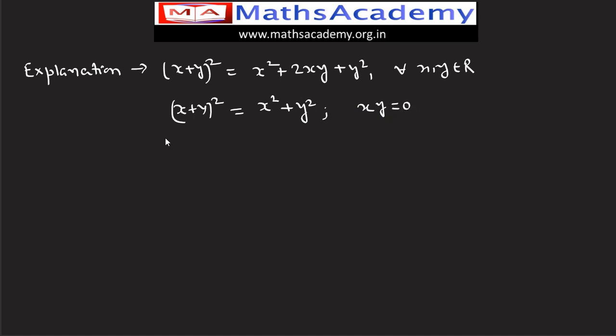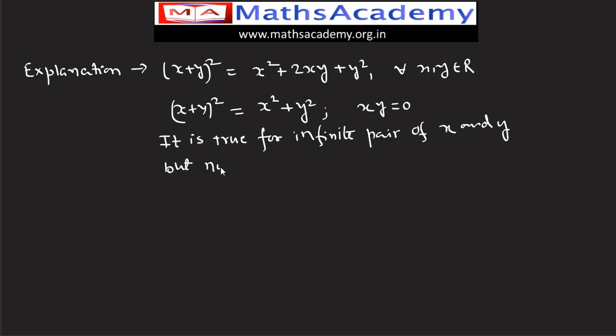So infinite solutions are present, but we don't have every solution. Every pair of x and y does not satisfy it. It is true for an infinite number of pairs of x and y, but not true for all values of x and y.